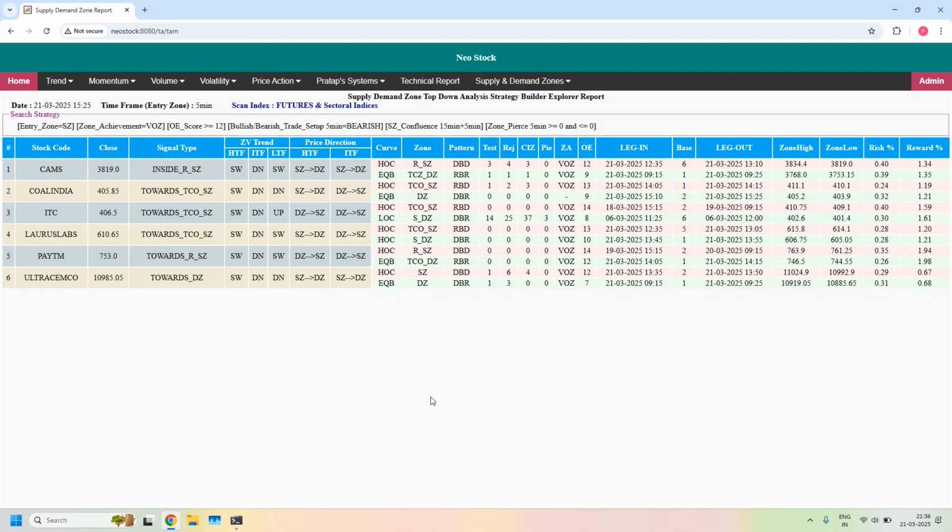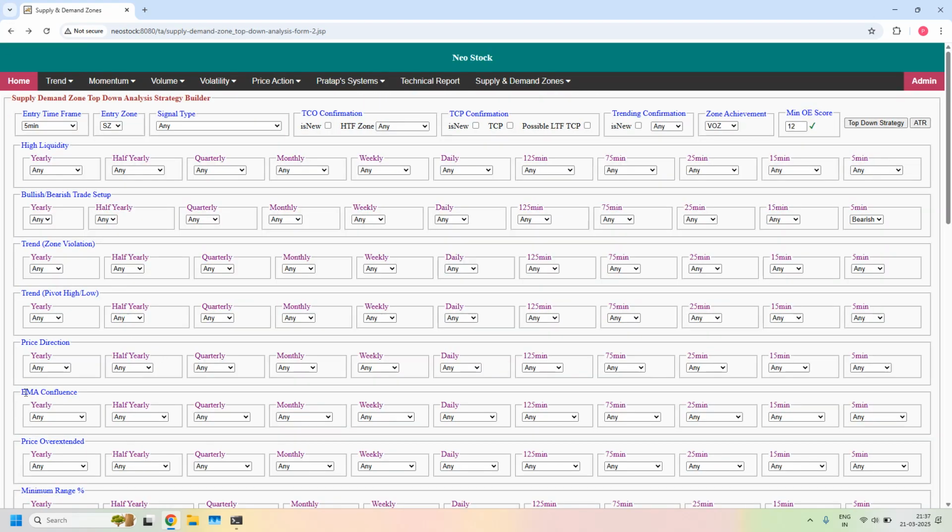Let us check if any of the 15 minutes supply zones are having daily EMA Confluence. If any are filtered, then those 5 minute supply zones might be having more high probability to get success. Let's verify. In the EMA Confluence at 15 minutes time frame, I'm checking 15 minute supply zone having daily EMA Confluence.